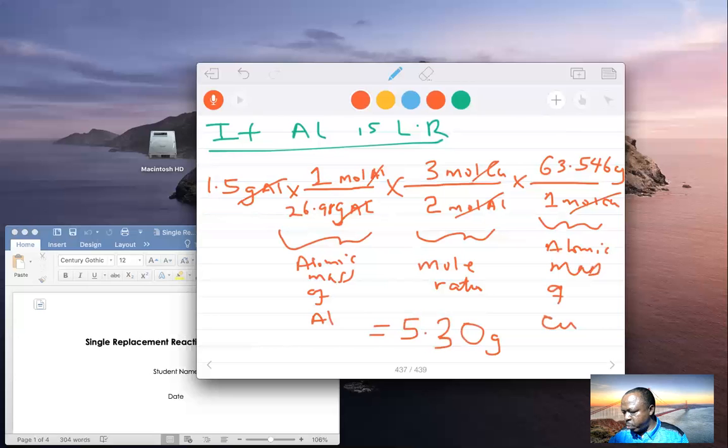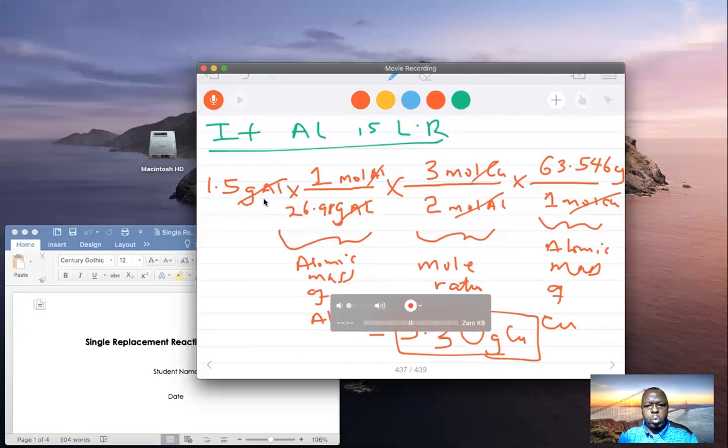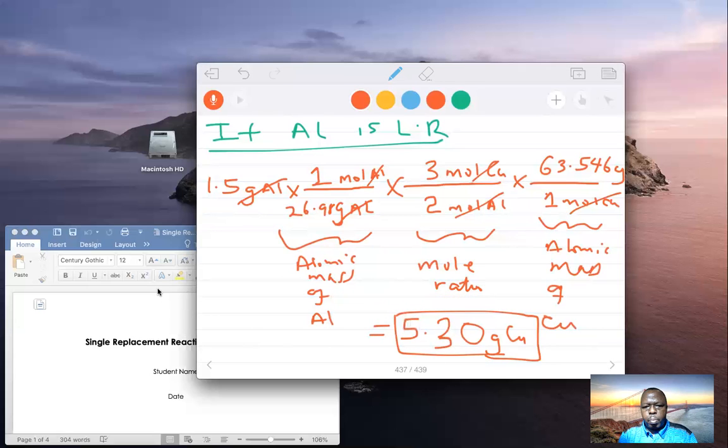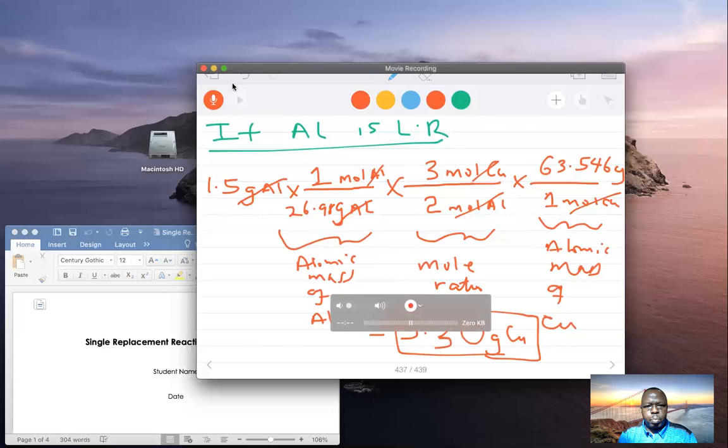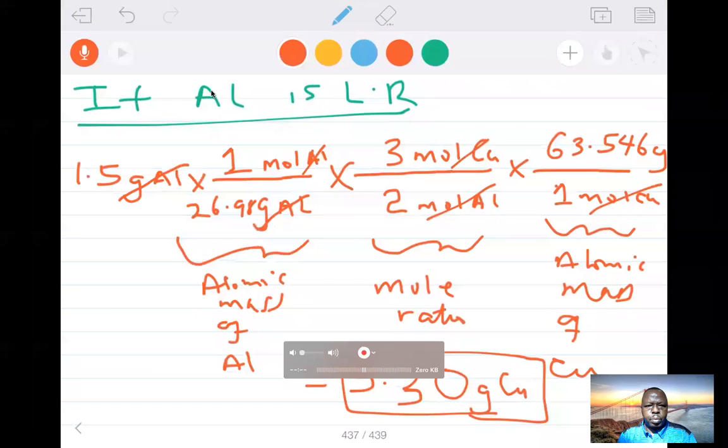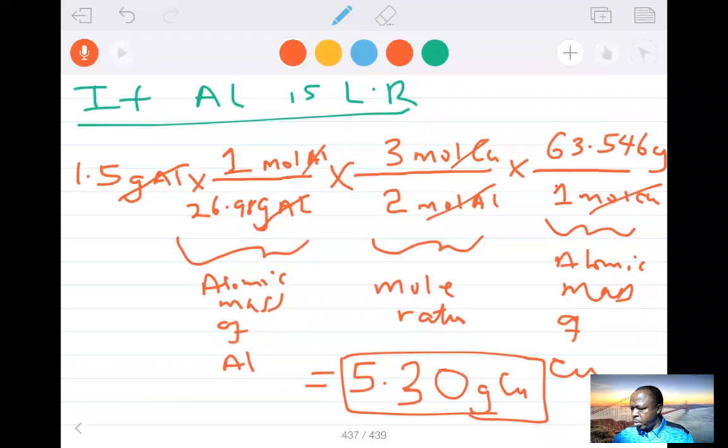What this tells me is if all 1.5 grams of aluminum are consumed, if it is the limiting reagent, that is the amount of copper you expect from the reaction.